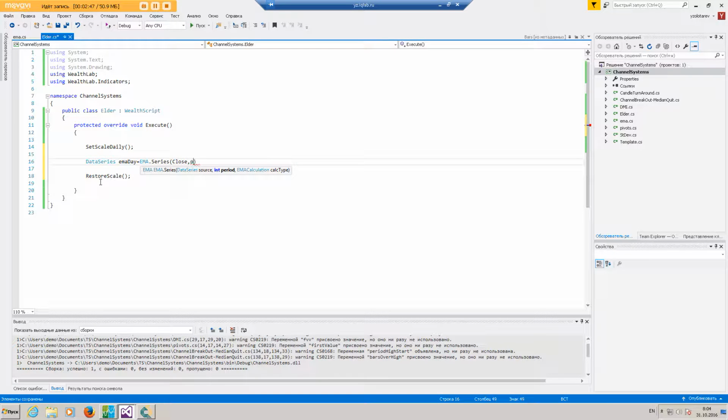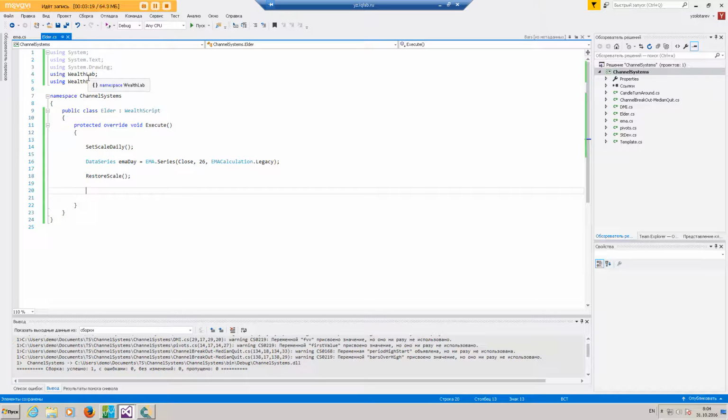Period, for the sake of this example, let's just keep it 26, like he says. Okay, so we have the EMA daily on the daily scale, but we will be working on a 5-minute scale, so we want to plot it on a 5-minute scale, right?